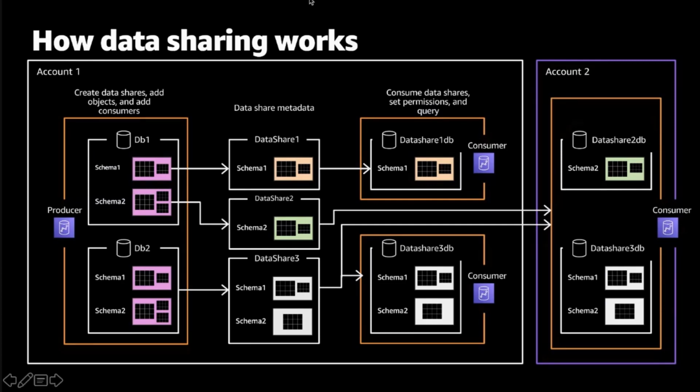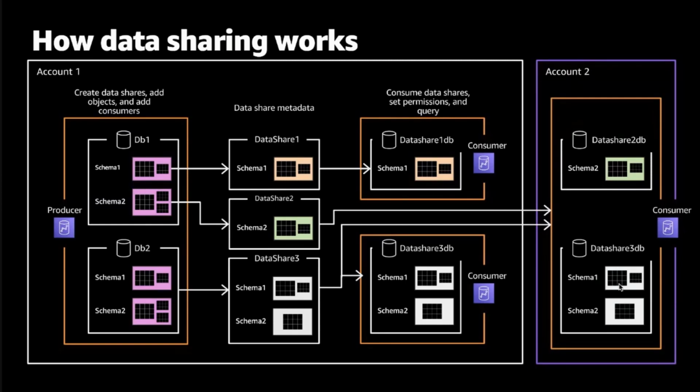Similarly, if the data share is also given access to another cluster in the same account, even this consumer can create a database from the share, which we are calling data share 3 DB. And same thing, if you share with an account, whichever cluster gets access can create a database from the data share.